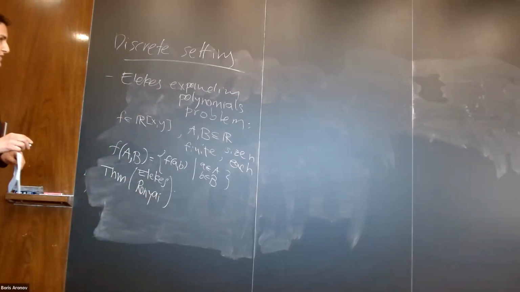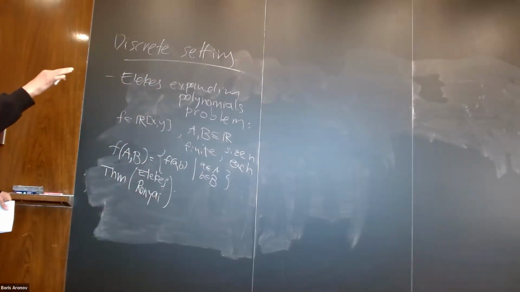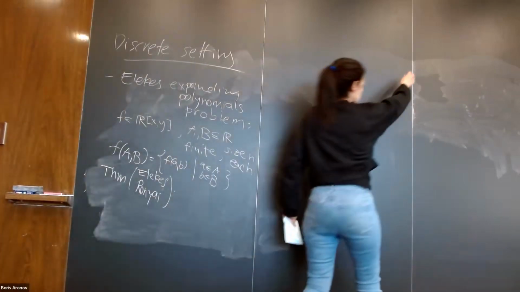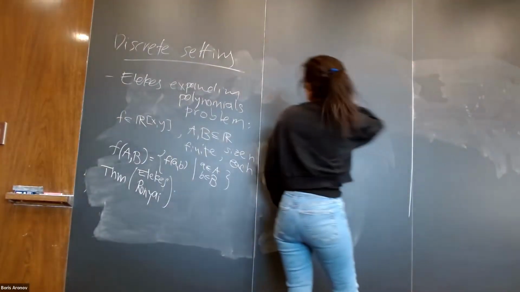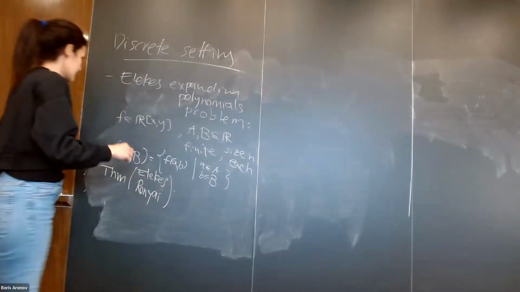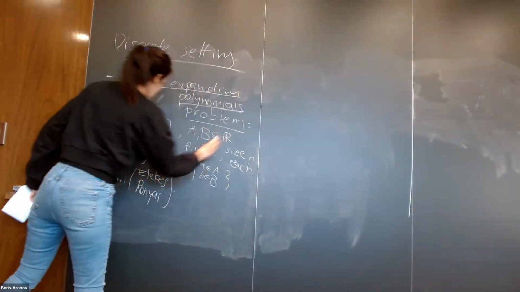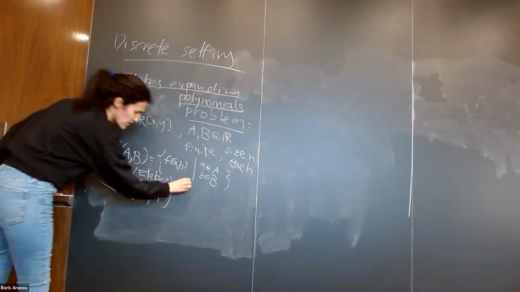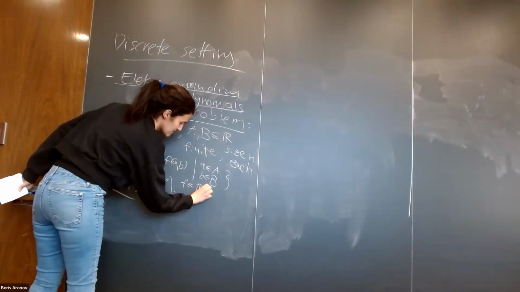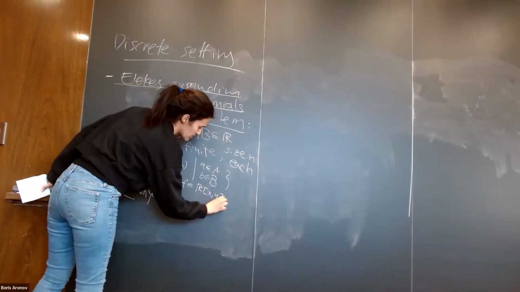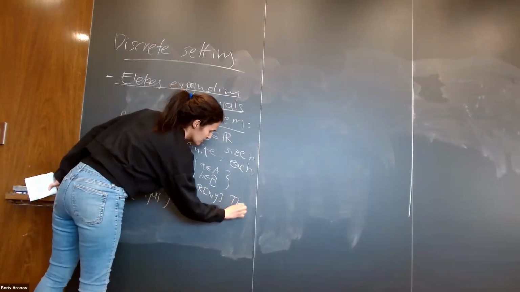It says that if f, I want to somehow have the board split into the discrete setting and the Hausdorff-dimension setting. So I'll try to do that and see if it works. And so the theorem says that if we have a polynomial with two variables, then one of the following two alternatives holds.